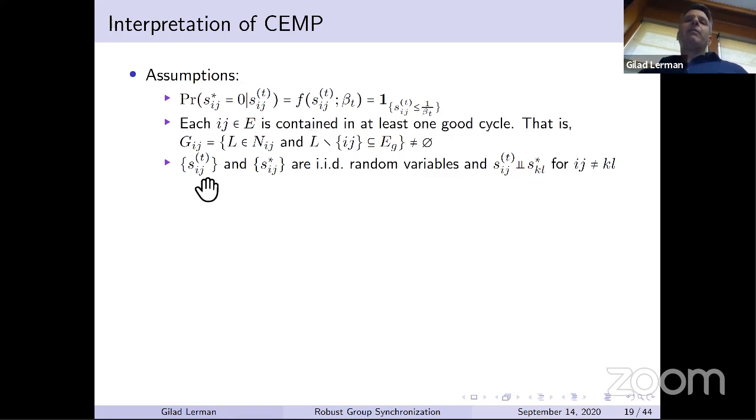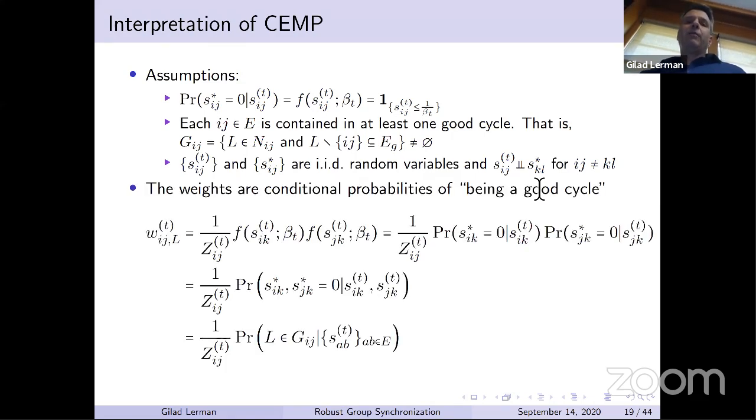And then we assume that these random variables are IID, and we have the following independence. So given this assumption, it's not hard to do the following exercise. You can show that the weight that we have is actually proportional to the probability that L is a good cycle with respect to ij, given the corruption levels at iteration t.